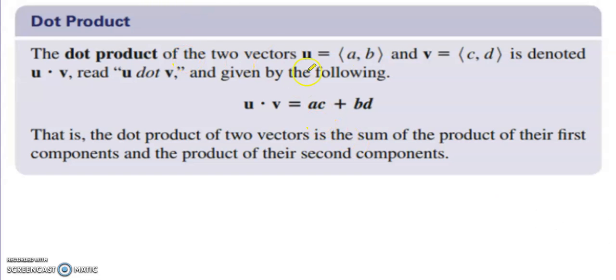So our dot product says, if we have vector u in component form a, b, and vector v in component form c, d, and I tell you we're going to do u dot v, then how we find that number is u dot v is a times c, and then you are going to add that to b times d, and that will give you one number. The sum is one number.